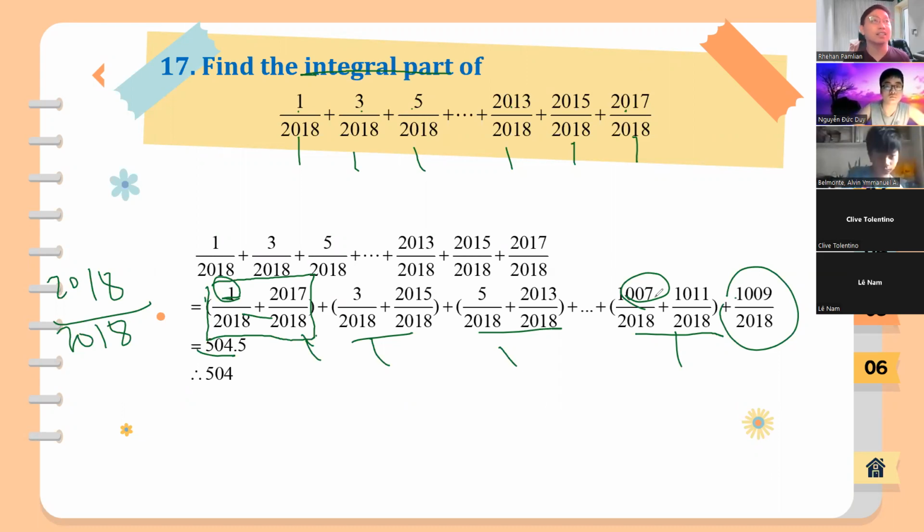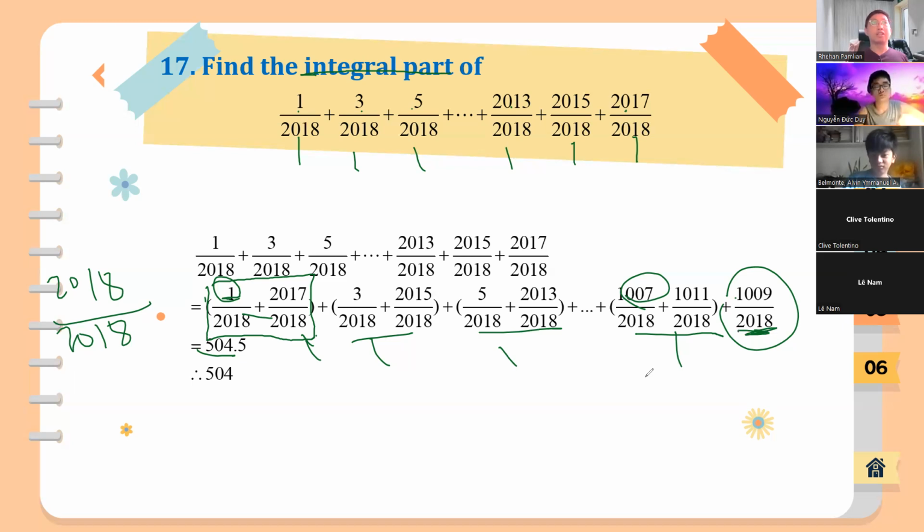Hey, that's a great insight, Clive. Thank you so much. So, yeah, Clive is right. Basically, 1009 over 2018 is a half, it's doubled. And since there are two pairs each, in every double there's another double.